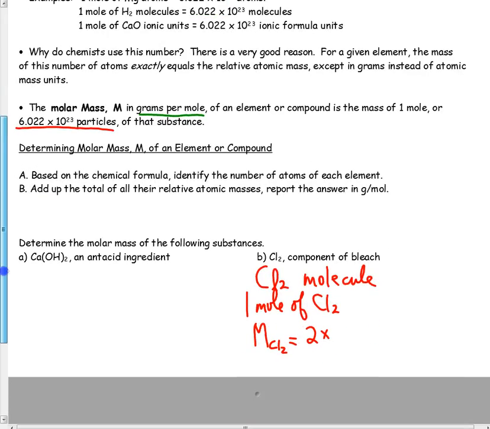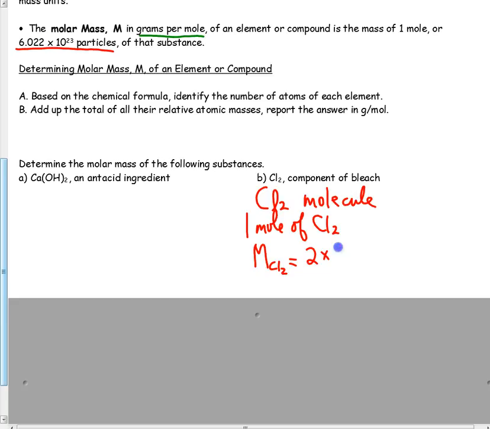Therefore, if we were considering a mole of chlorine molecules, we would have 2 moles of chlorine atoms. Let me make that distinction here. A mole of chlorine molecules has 2 moles of chlorine atoms.